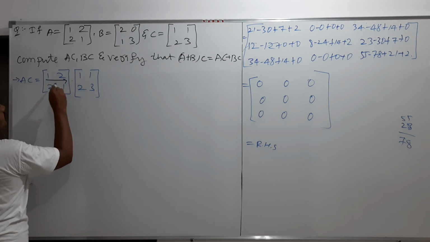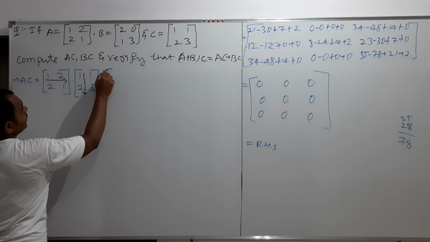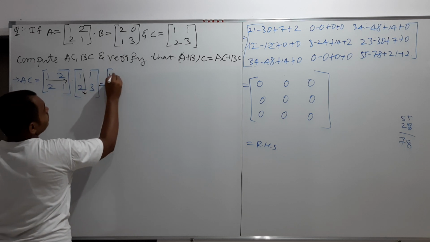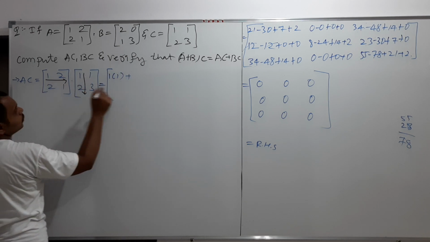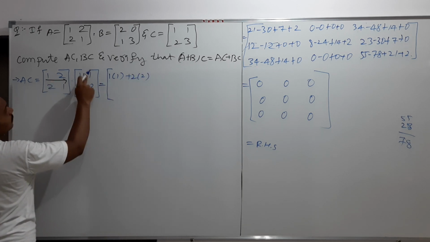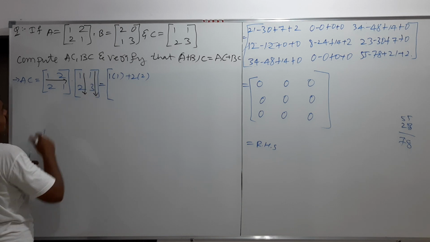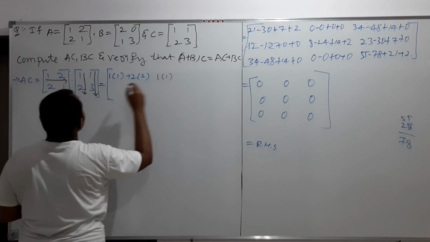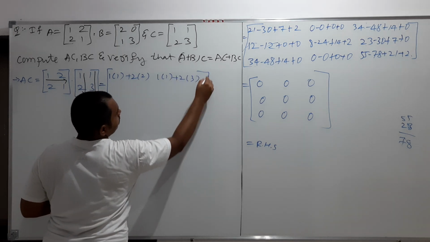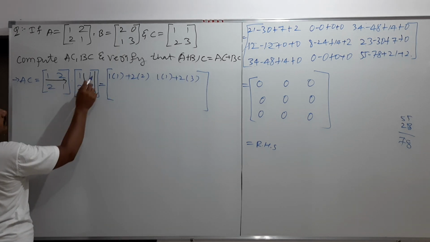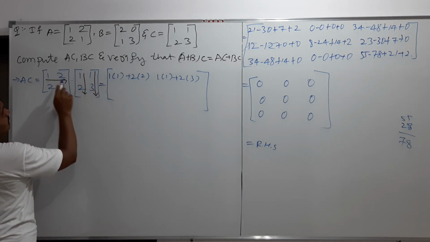My dear students, here it is, first row, first column: 1 into 1 plus 2 into 2.